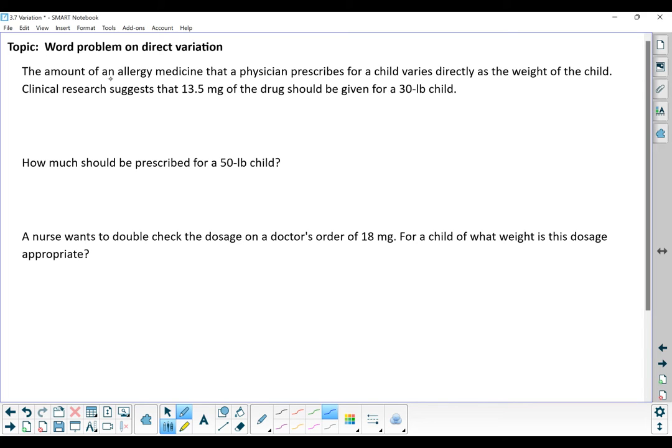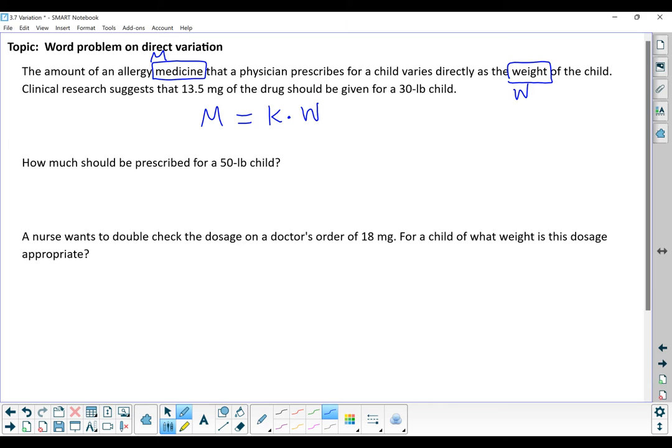So the amount of allergy medicine, I'm going to do M for medicine. The medicine is equal to, and this is varying directly, so it's a constant multiplied by the weight of the child. It just helps me keep track.